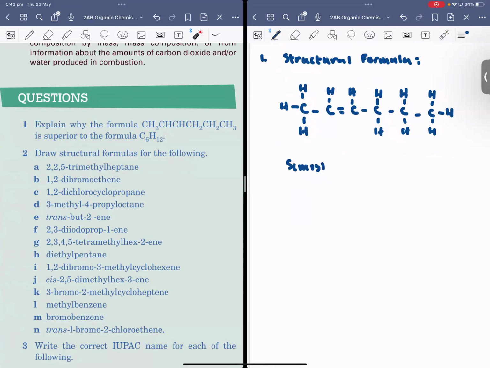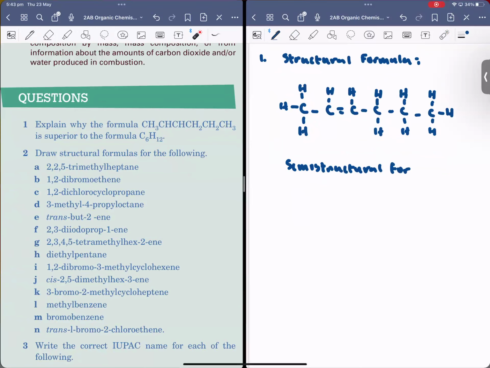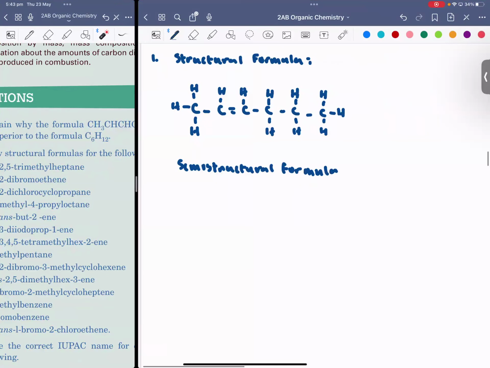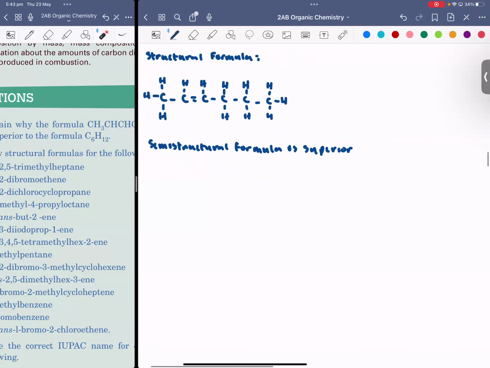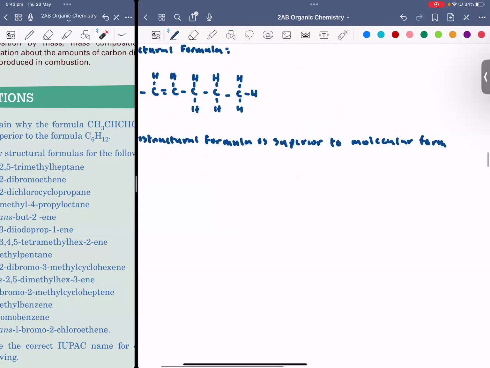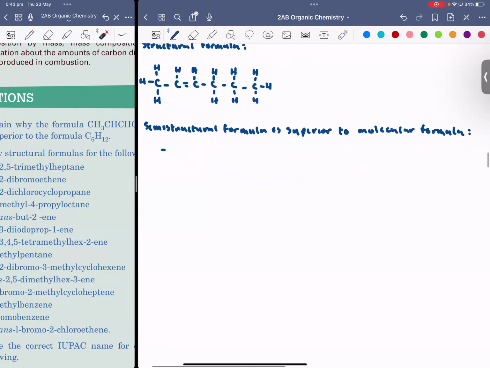Why? The semi-structural formula is superior to the molecular formula. For what reasons? One, it shows all atoms and bonds.